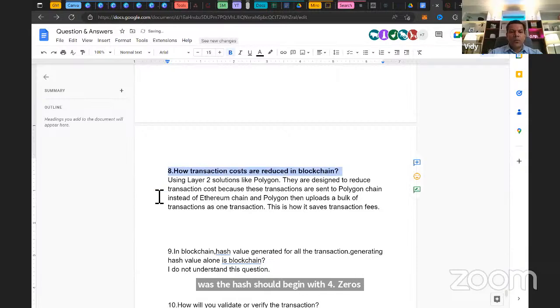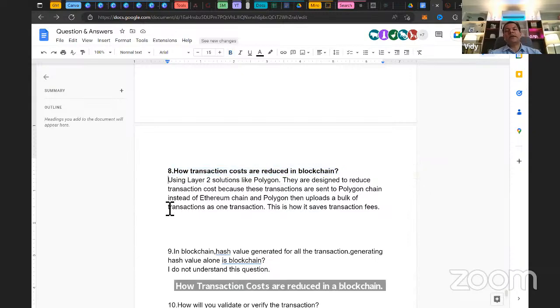How are transaction costs reduced in a blockchain? Transaction cost has become a major concern because when blockchains became very busy, the cost of processing a transaction became high just because of demand and supply. To cater to that problem, layer 2 solutions came into the picture, and Polygon is one example.